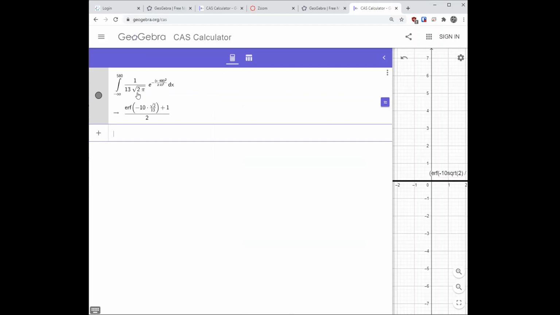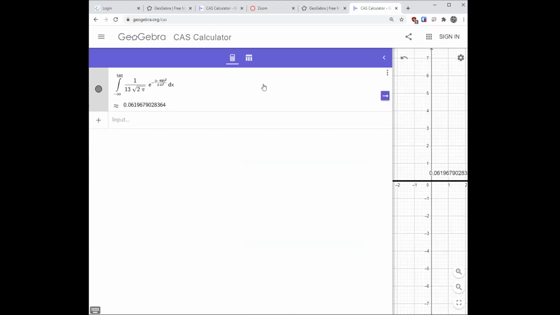Okay, so when you integrate it, you get this ERF, or I think it's the error function, but really what we need is just the approximation. Which is 0.06196, which you just need 3 decimal places, so 0.062, okay?